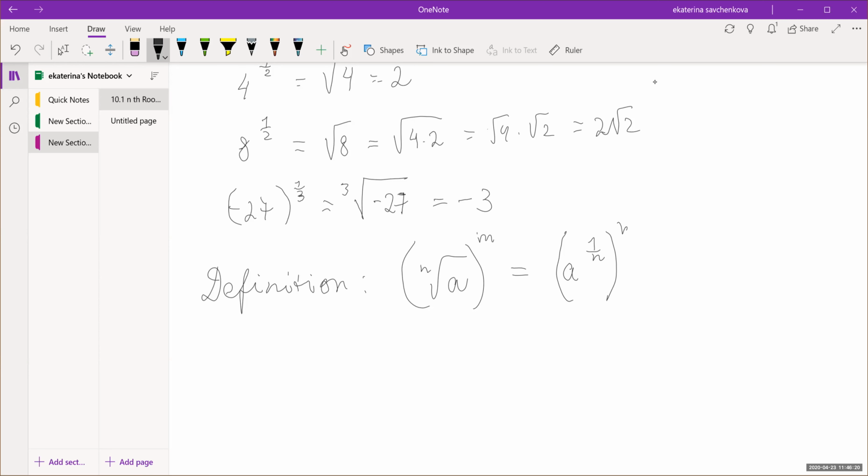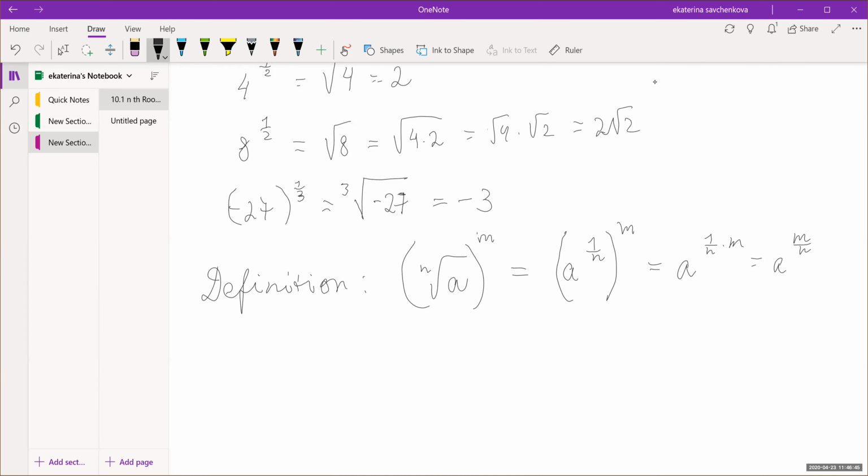And then the power of m. We remember that we multiply powers when we raise power to the power, and it's going to give us 1 over n multiplied by m, and that's going to give us a to the power of m over n. That's going to be like what we use for definition.